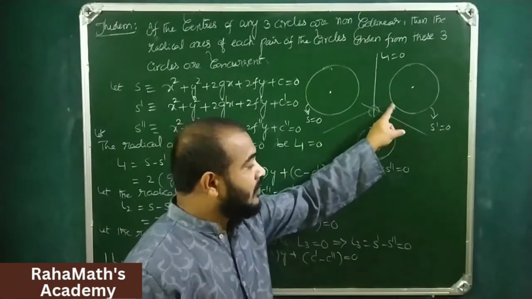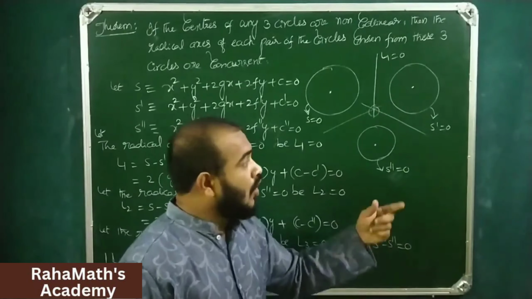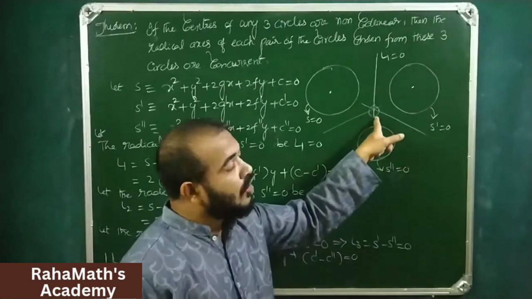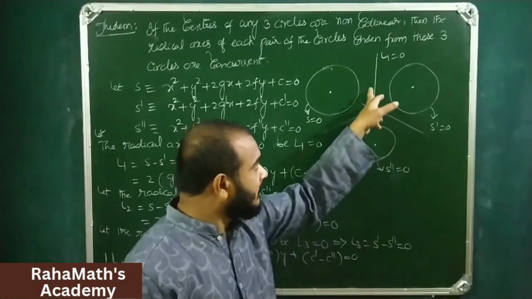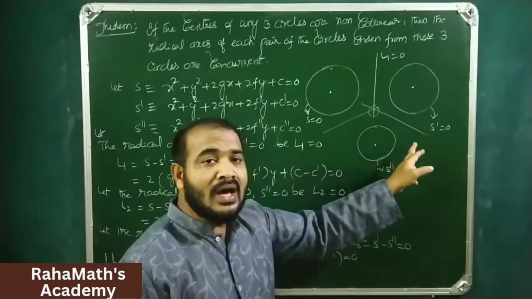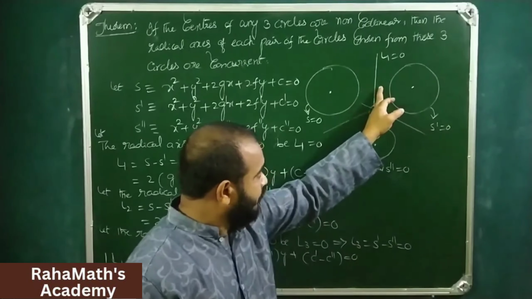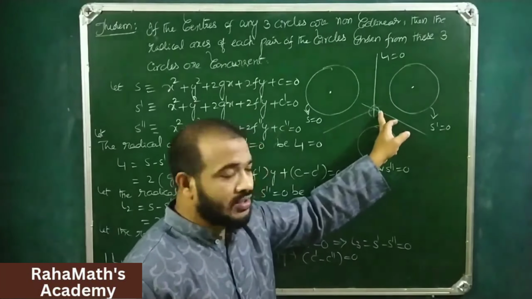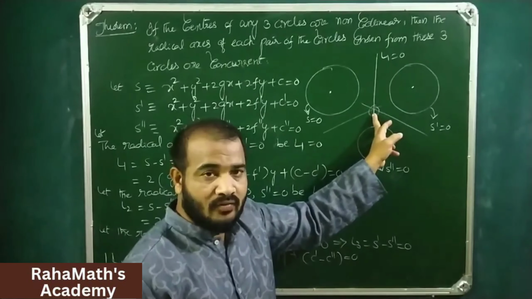Three or more lines are said to be concurrent if and only if all of them have a point in common, all of them passing through one point. Therefore, the radical axes of these three circles are concurrent lines, and the point of concurrence is called what?